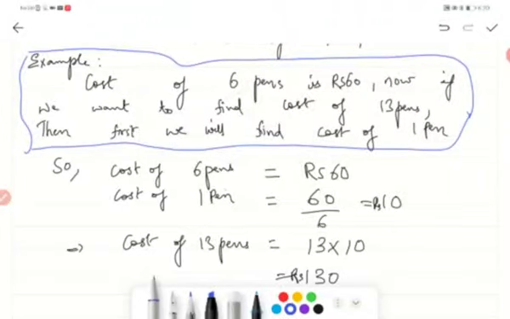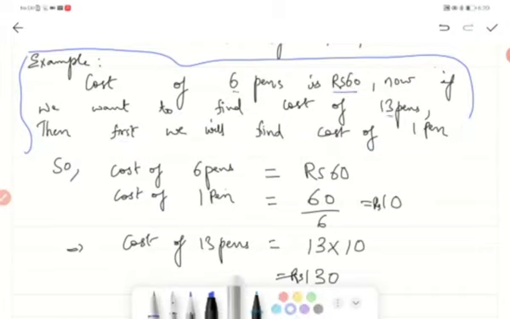First of all, understand the question. Here the example given is that the cost of 6 pens is 60 rupees. Now if we want to find the cost of 13 pens, what can I do?